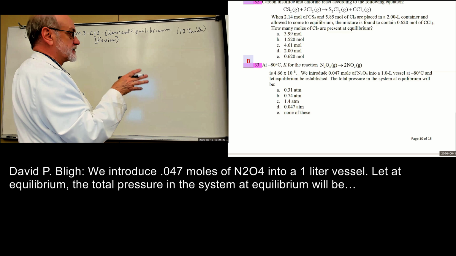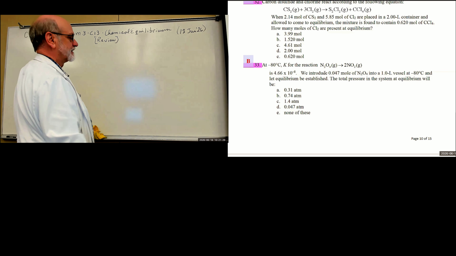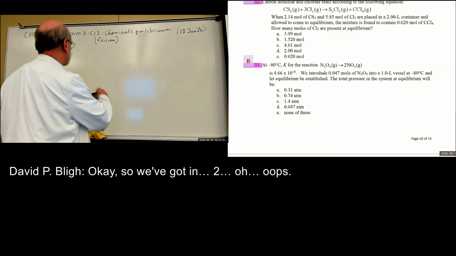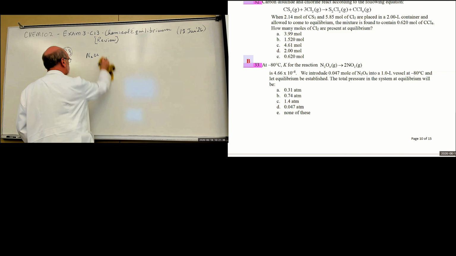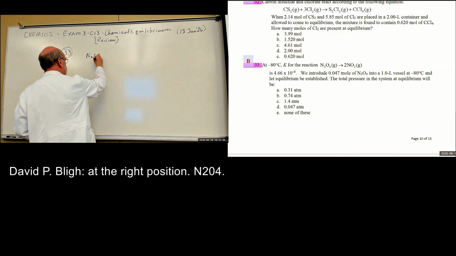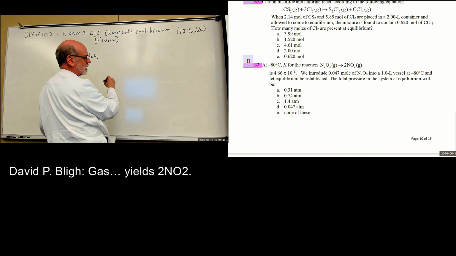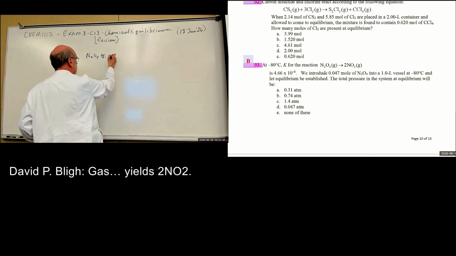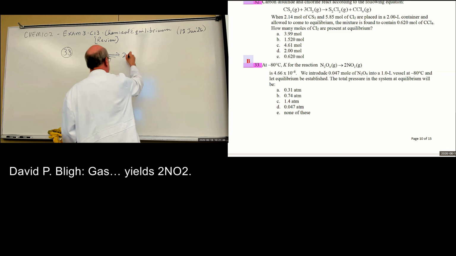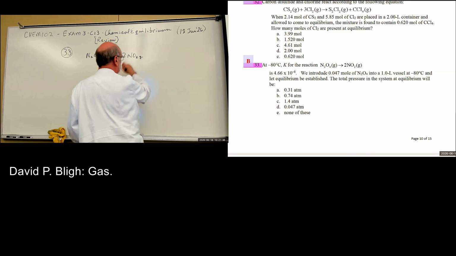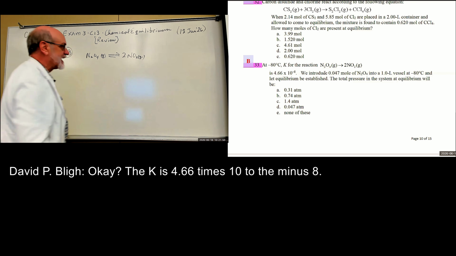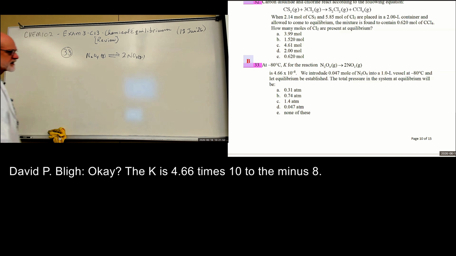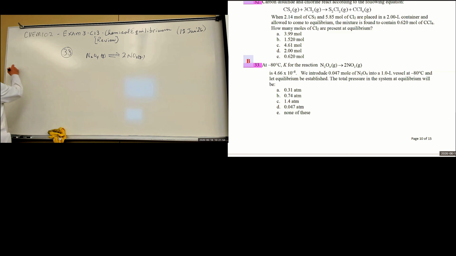The total pressure in the system at equilibrium will be... So we've got N2O4 gas yielding 2NO2 gas, right? The K is 4.66 times 10 to the minus 8.